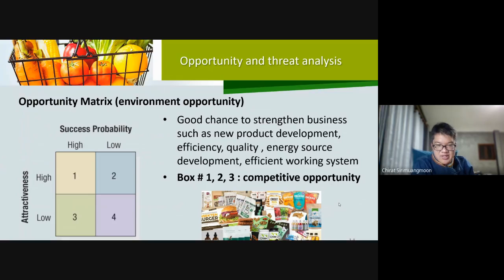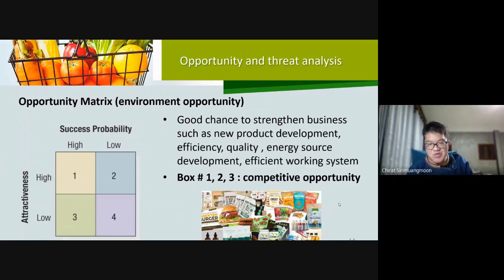Box number one is like if some product is very successful, with a very high percentage, and it is very attractive, so please do it. But if you have box two or three, you need to be concerned a little bit more, because it might be a competitive opportunity but not quite successful. But you can still do it. Or it seems not quite attractive, so you need to consider other things.